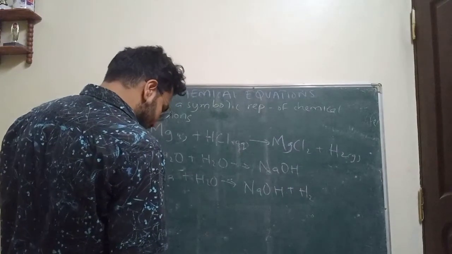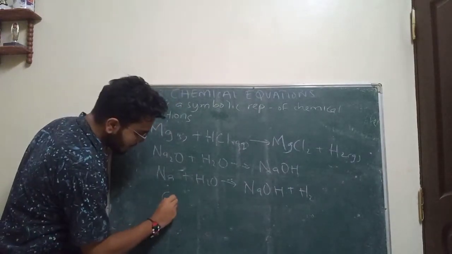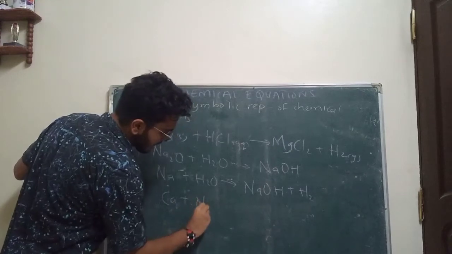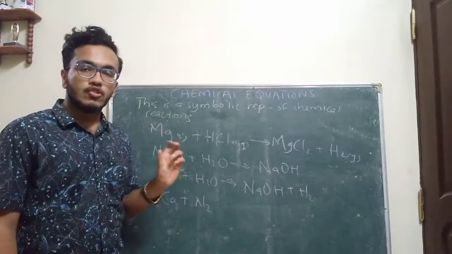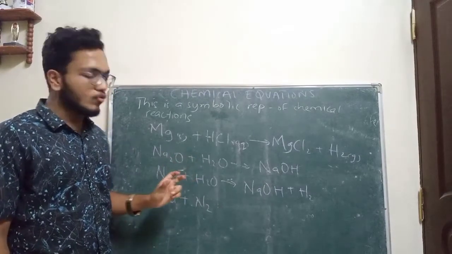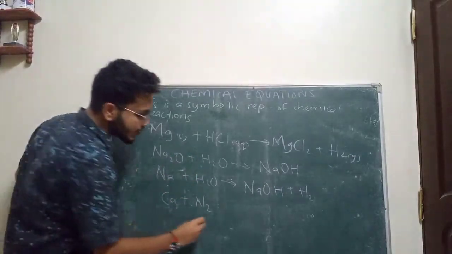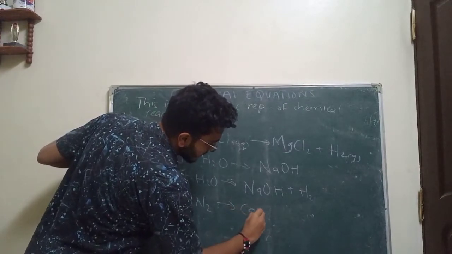Another example is calcium plus nitrogen. Calcium Ca plus nitrogen N2. Mind you, these gases are written as N2, O2, Cl2, F2 because they are diatomic. Calcium plus nitrogen forms calcium nitride.